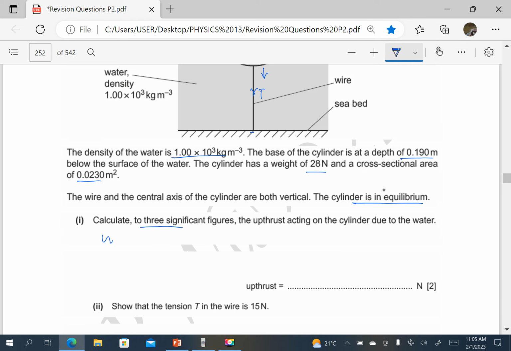So upthrust: we know that upthrust is cross-sectional area times change in pressure. Change in pressure is density times g times change in h. So the upthrust is the cross-sectional area, which is 0.0230, times the density, which is 1.0 times 10 power 3, times g, which is 9.81, times the change in height.